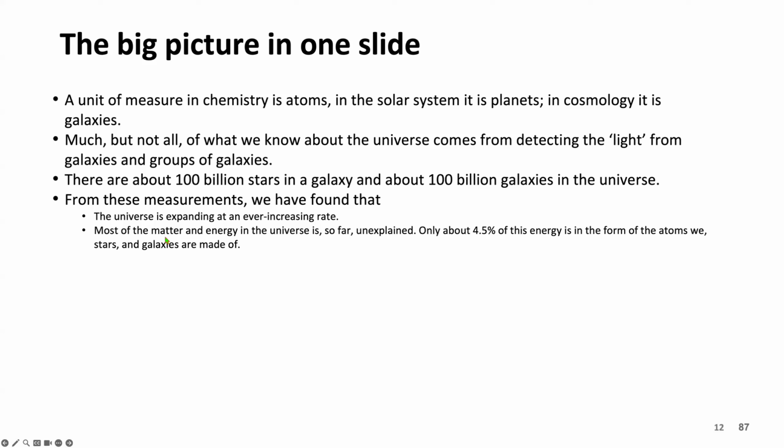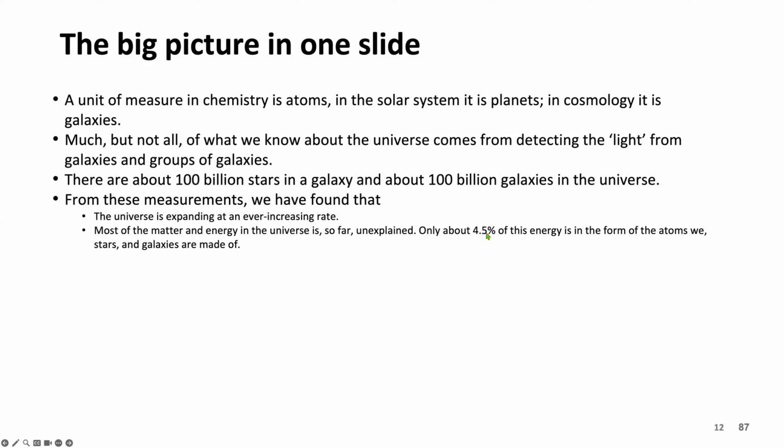Most of the matter and energy in the universe is unexplained. The startling thing is that of all the forms of energy in the universe, only a little less than 5% is energy in the form of atoms. And almost all of this is in gas, hydrogen and helium gas, floating around between the galaxies.